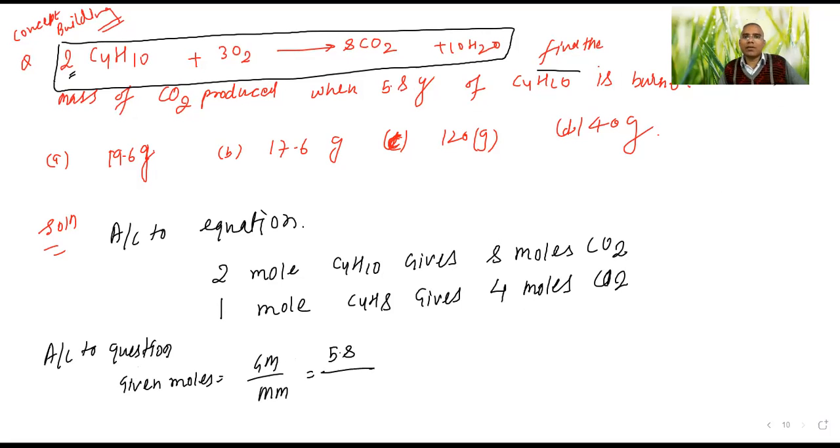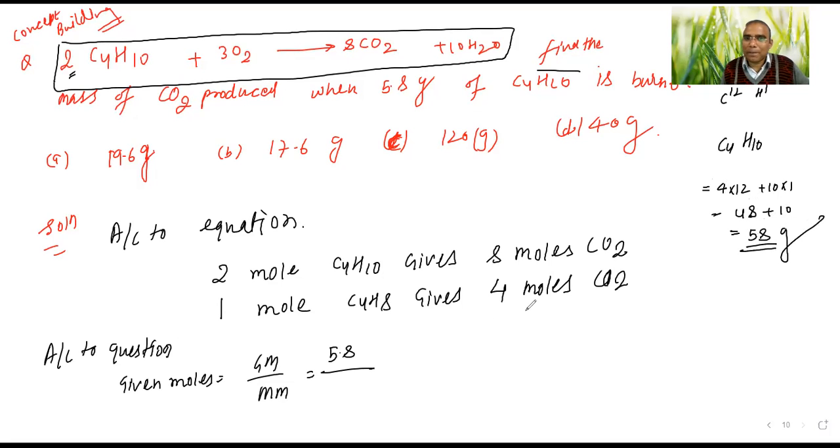Molar mass of C4H10: carbon is 12, hydrogen is 1. 12 times 4 is 48, and 10 hydrogens is 10, so 58 gram. If you divide, it will come 0.1 mole.